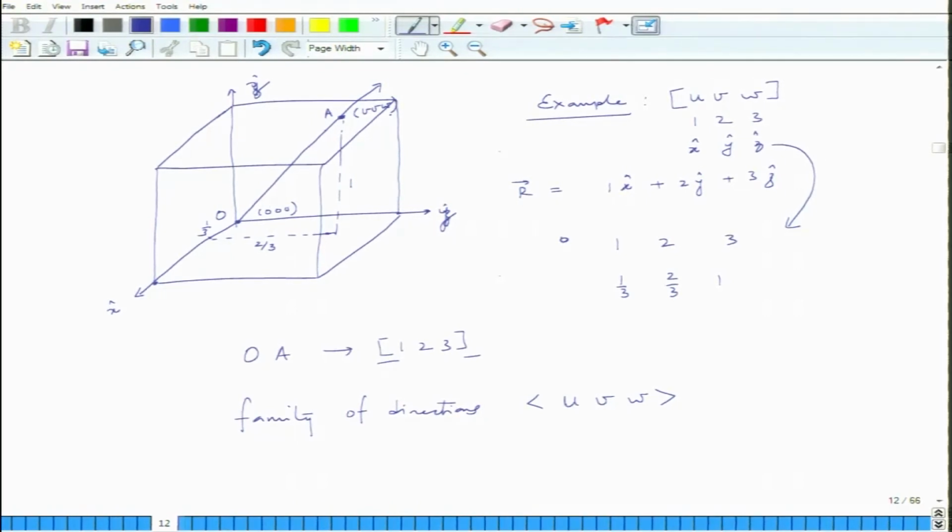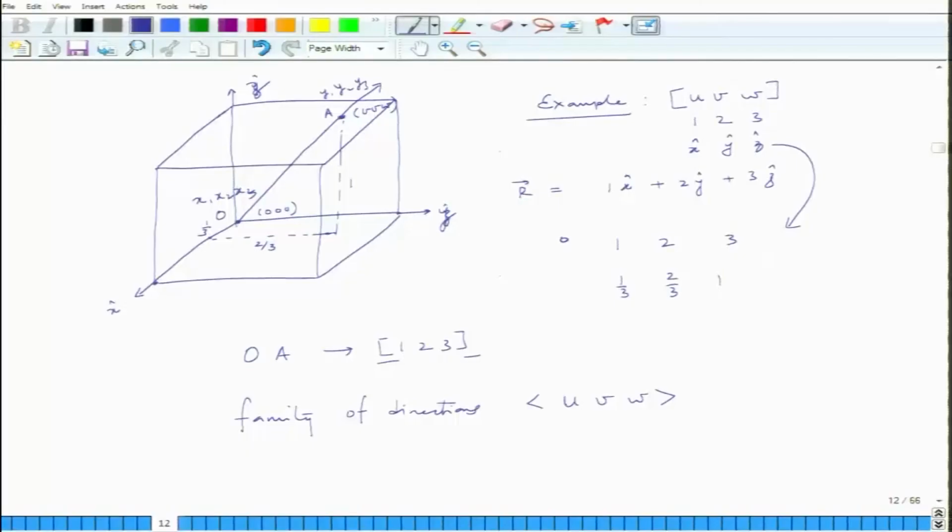So, if this was x1, x2, x3 and this was y1, y2, y3, then all you need to do is find y1 minus x1, y2 minus x2, y3 minus x3, and then convert them back to integers. Alright. So, that will be the direction, because it is a vector, right. This is how you draw a vector, as you have studied in your school. Okay.